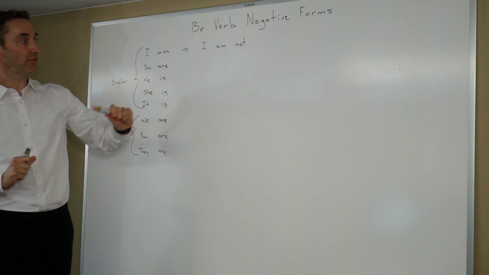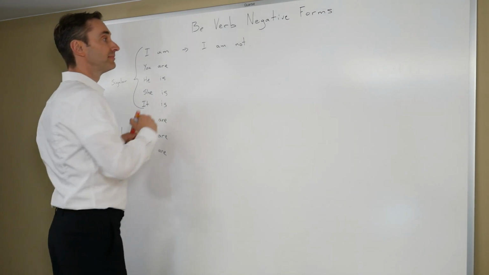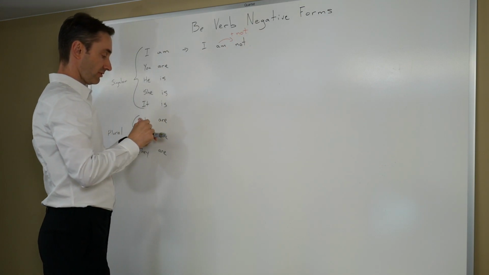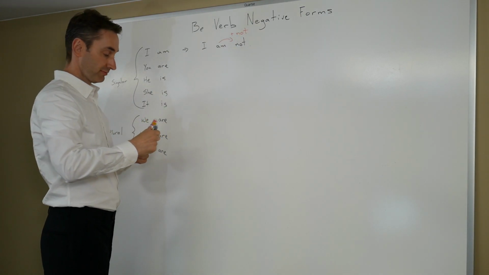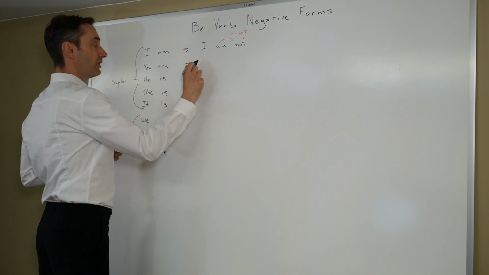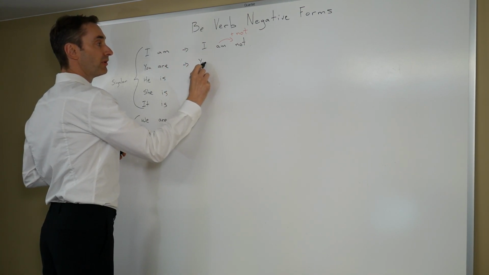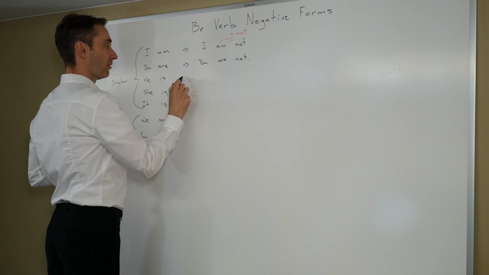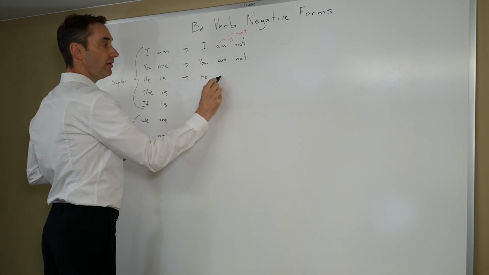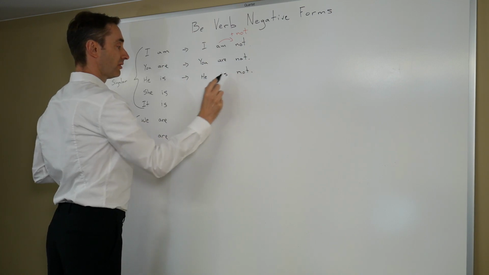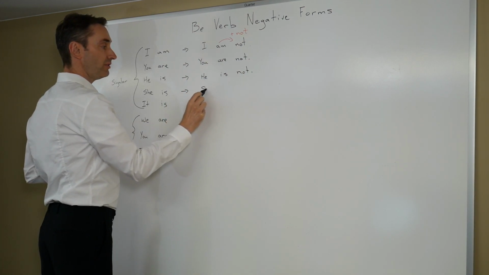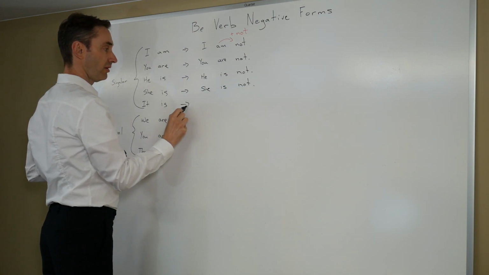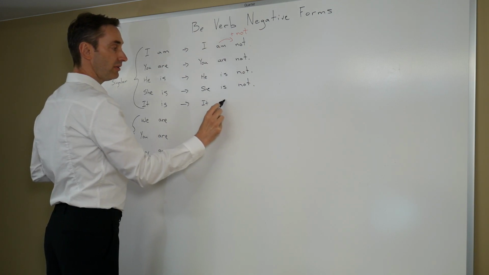We add not after the be verb. Be 動詞の後に not をつける。And それは全部同じ。All of them are the same. He is not. She is not. It is not.